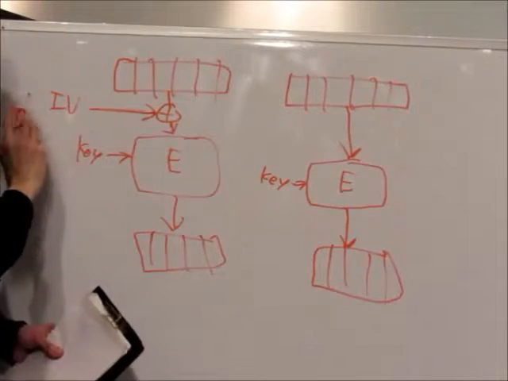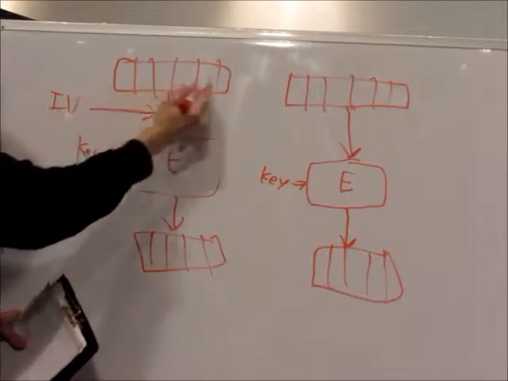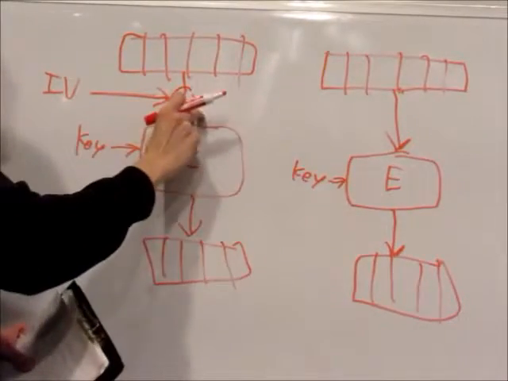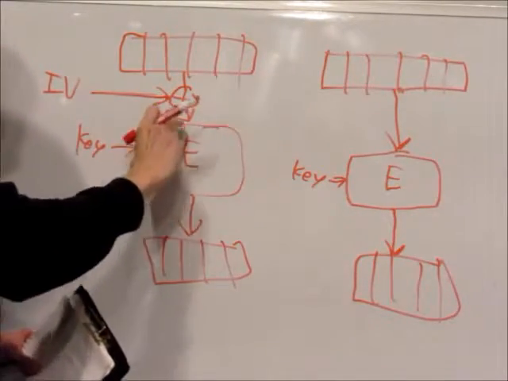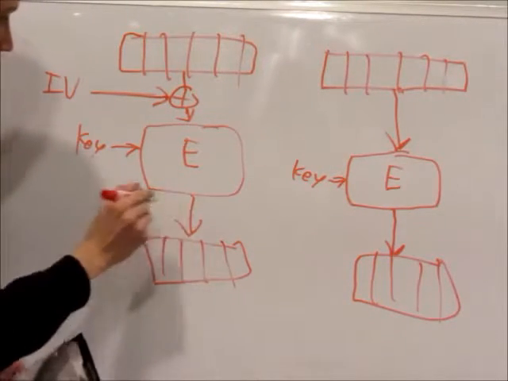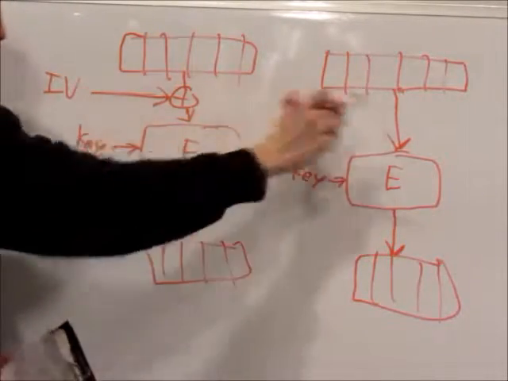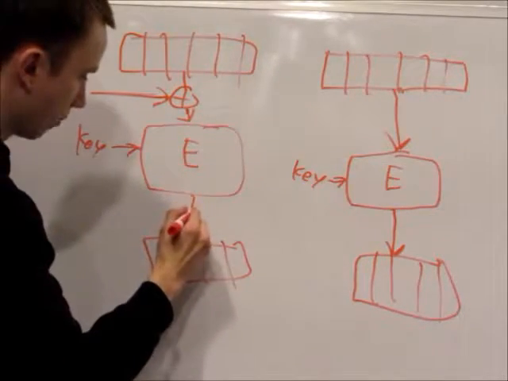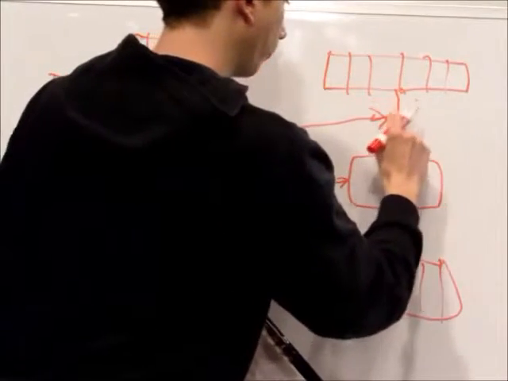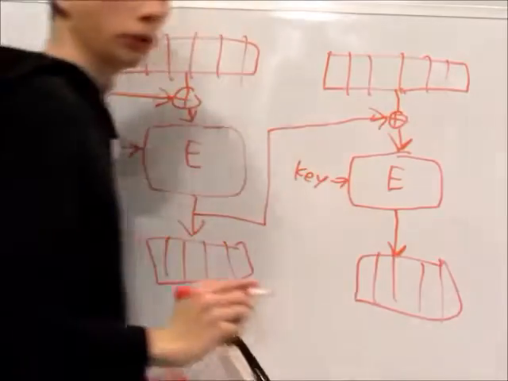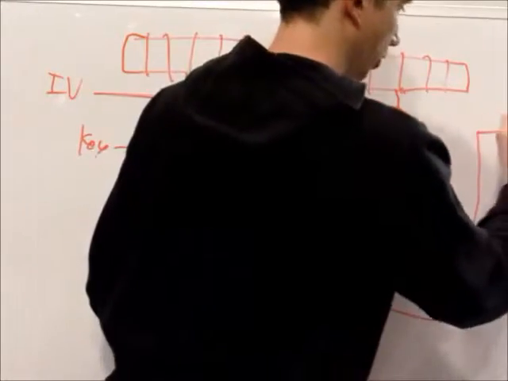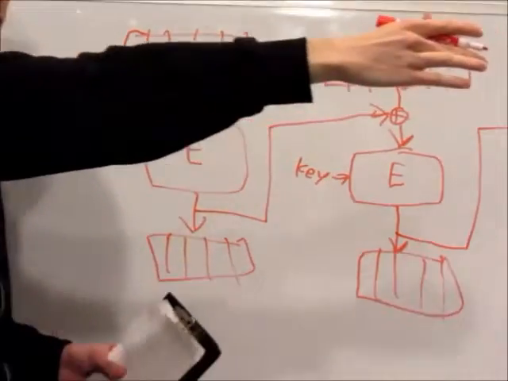This is a randomly generated number that's the same length as the block. You XOR bit by bit, and then you get something new that you encrypt using the key, and you get your first block of ciphertext. Then you don't use the IV here again because that has the same problem. You grab this ciphertext and put it over here and XOR it too. And you do the same thing all the way down until you reach however many blocks you need in order to encrypt your full message.